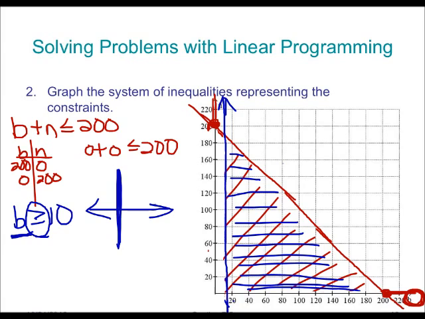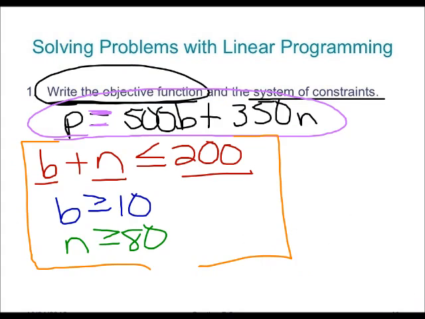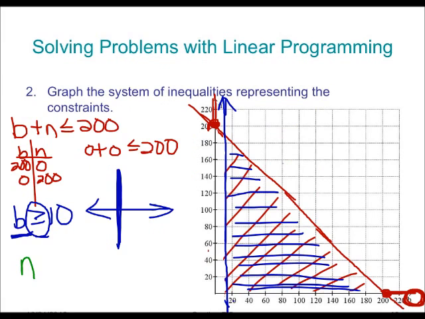And then I believe the last one was N is greater than or equal to 80. So N is greater than or equal to 80. Again, I just have the N, I don't have the N and the B, so it's either going to be vertical or horizontal. I already did vertical, so this one must be horizontal.